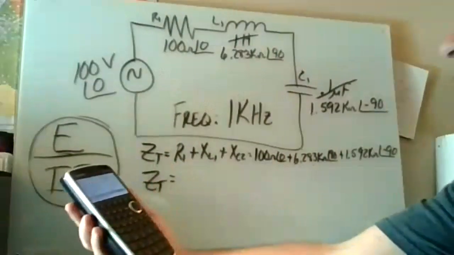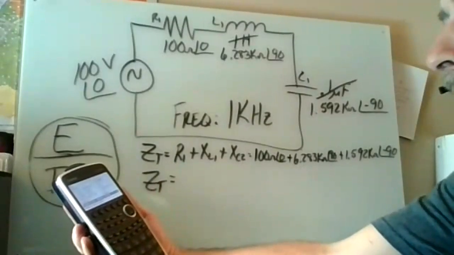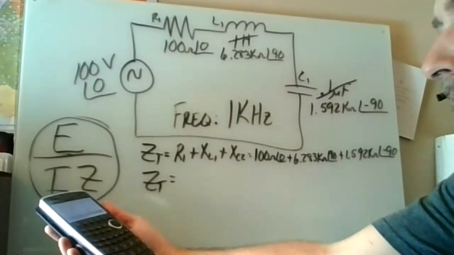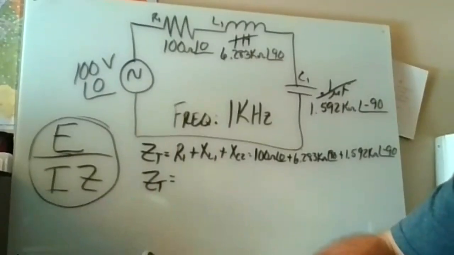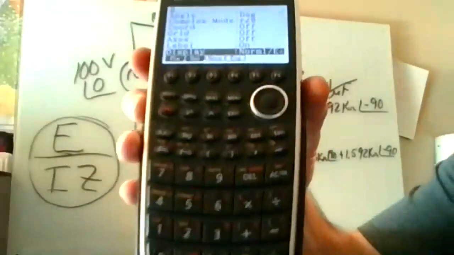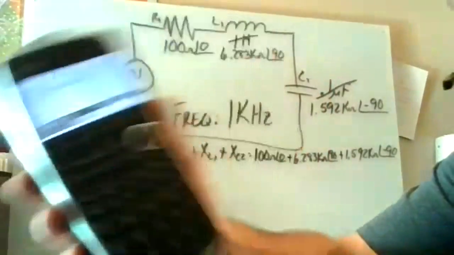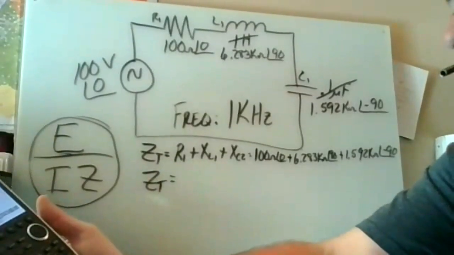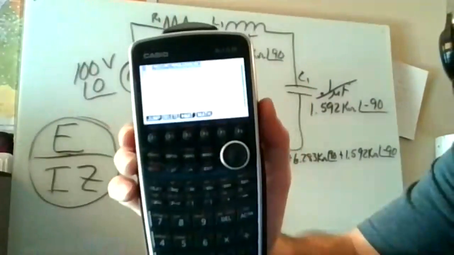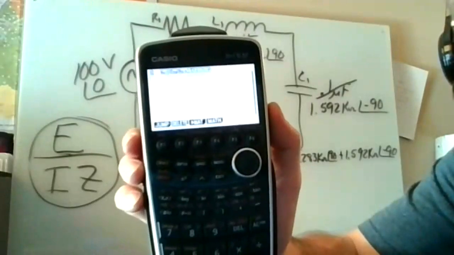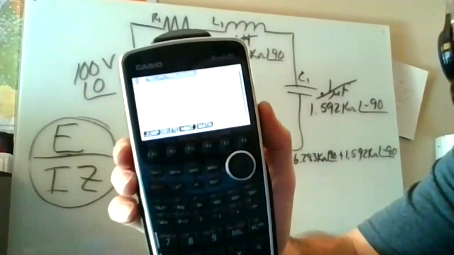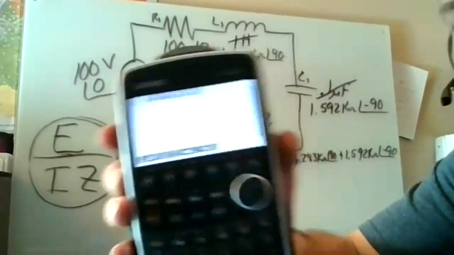Everybody's got it in R theta now. Then scroll all the way down till you see display, and just make sure it still says normal 1/E for engineering. And if it does, hit your execute button and bingo, you're good. You'll go back to this screen once you hit the execute button.